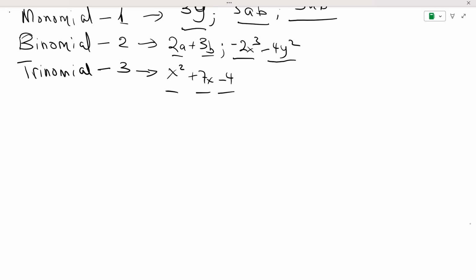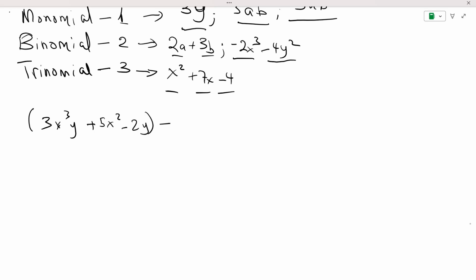So let's suppose we're given two trinomials. One is 3x cubed y plus 5x squared minus 2y.